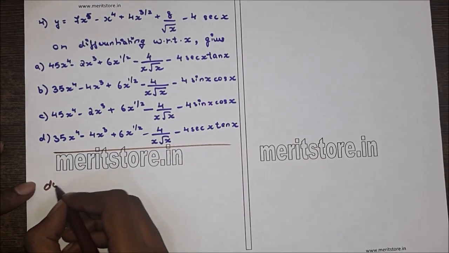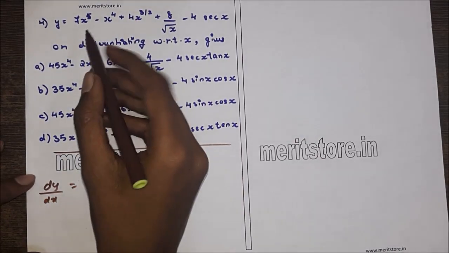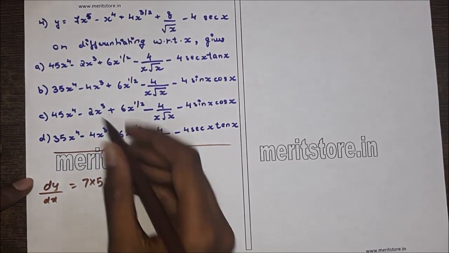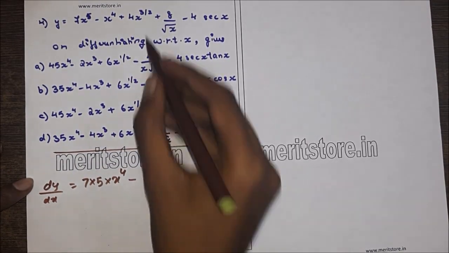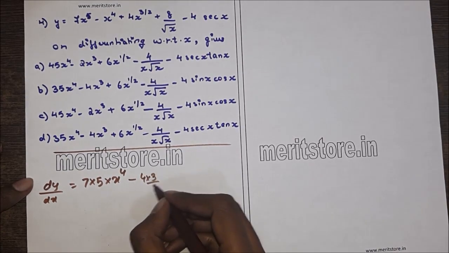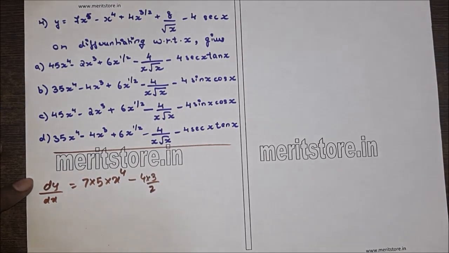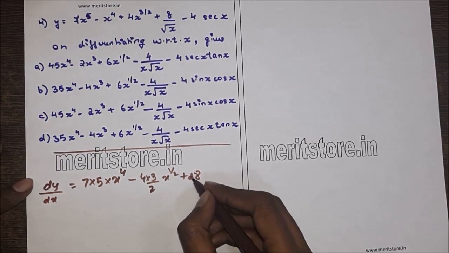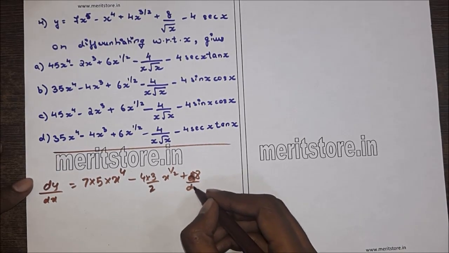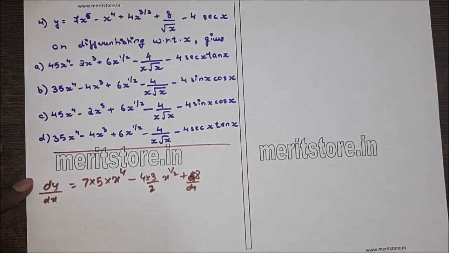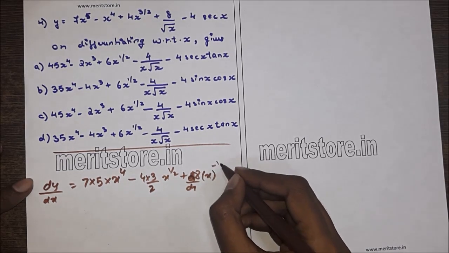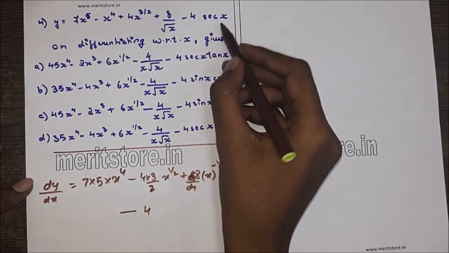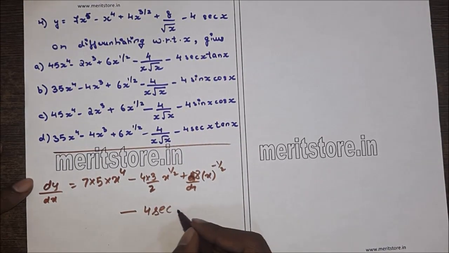So dy by dx is differentiation of 7x raised to 5, which is 7 times 5 into x raised to 5 minus 1, that is 4, minus 4 times 3 by 2 x raised to 3 by 2 minus 1, which is x raised to half, plus d by dx of 8 into, this can be written as x raised to minus half, minus 4 times differentiation of sec x, which is sec x tan x.